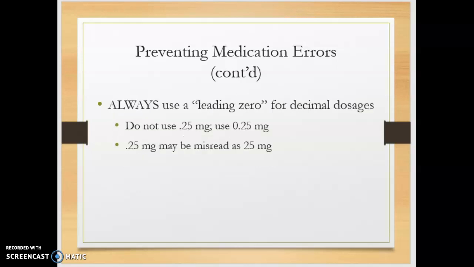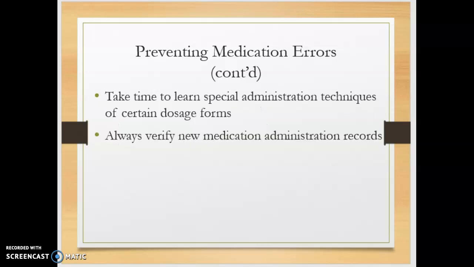Always use a leading zero for decimal dosages. For example, write 0.25 rather than .25, because that could be misread as 25 milligrams. Then you have a huge dosage error, right?